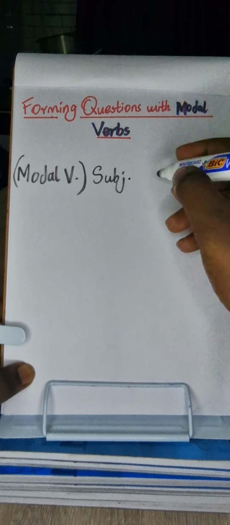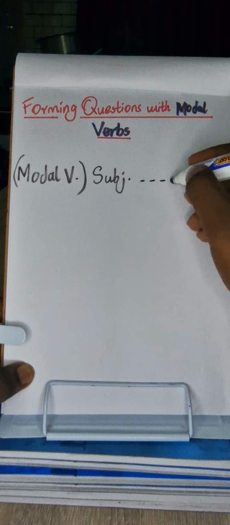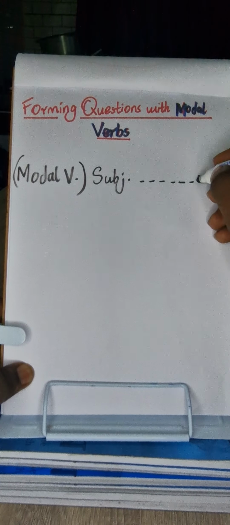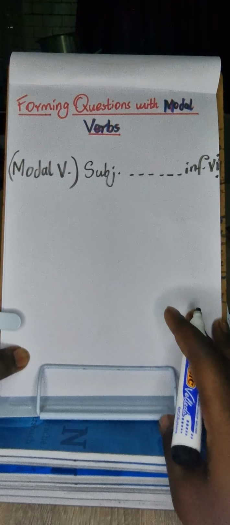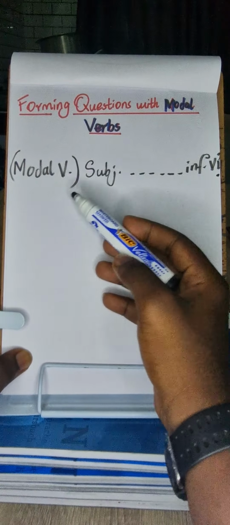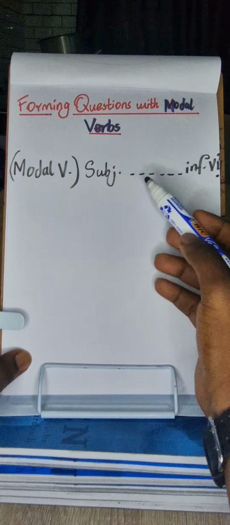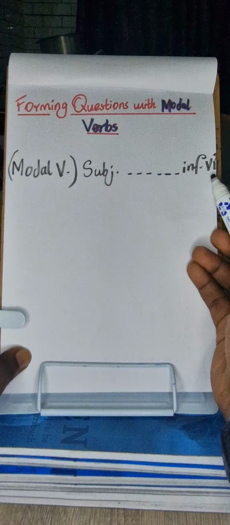All right. And then at the very end, we will have an infinitive verb. Remember, it's a question, so don't forget to put a question mark just like that. All right. So modal verb, subject. At the very end, you have an infinitive verb.